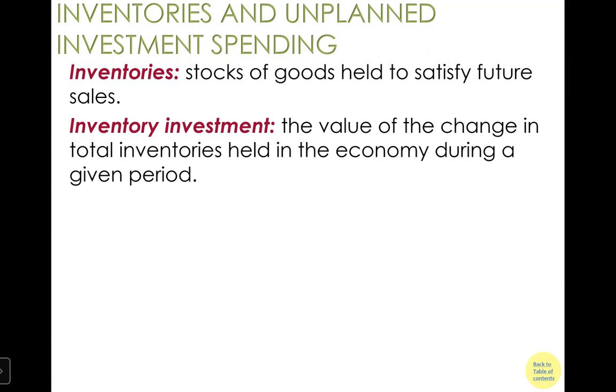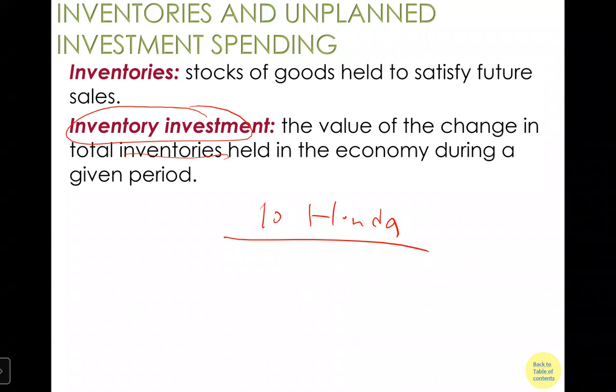Okay, inventory investment. This is the value of the change in total inventory. Just to give you an idea, again use the car dealership as an example. At the beginning of the year or the beginning of the season, they usually have a certain amount of cars, right? Let's say, for example, they have 10 Hondas. That's where they start.